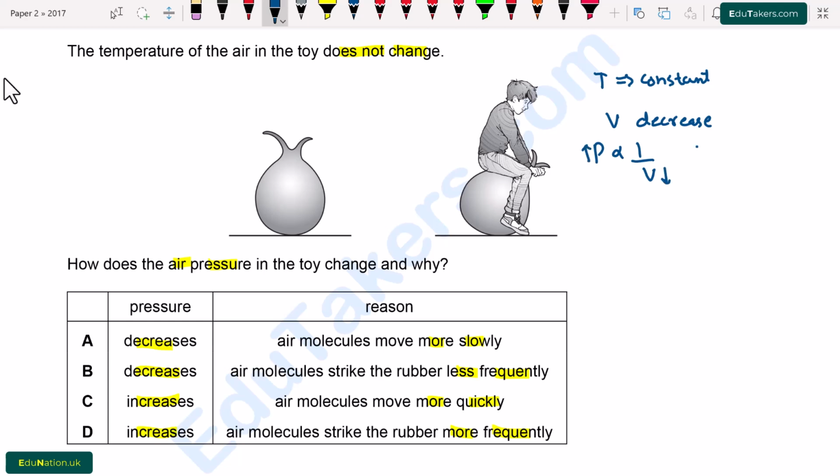But here temperature should be constant. Now the air pressure here increases. We also have to explain its reason. Because when the volume decreases, air molecule strikes the rubber more frequently, due to which the air pressure increases. From here, option D is correct.